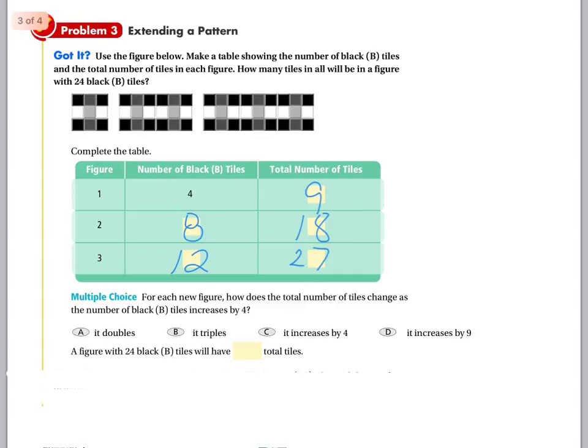Now we're going to use this to predict a future value. What we want to know is when a figure has 24 black tiles, how many total tiles will there be? Go ahead and pause this video, take a minute and see if you can figure out both the multiple choice question and the answer to when there are 24 black tiles.